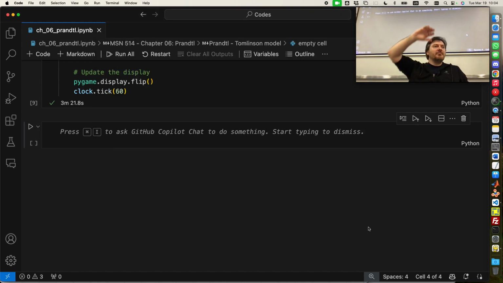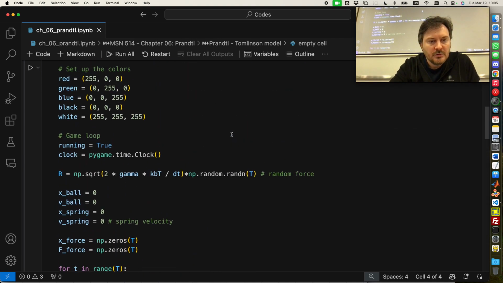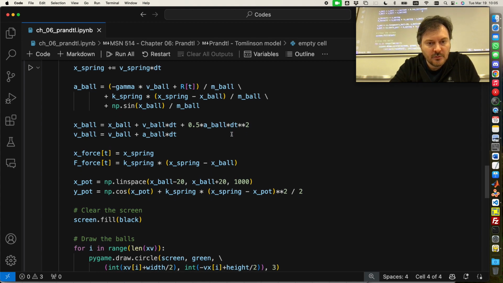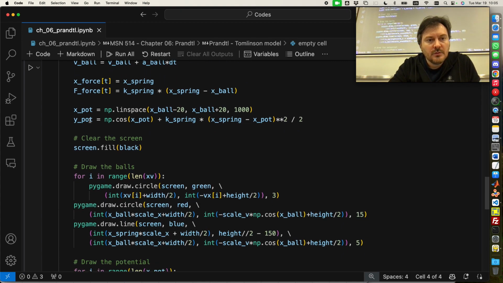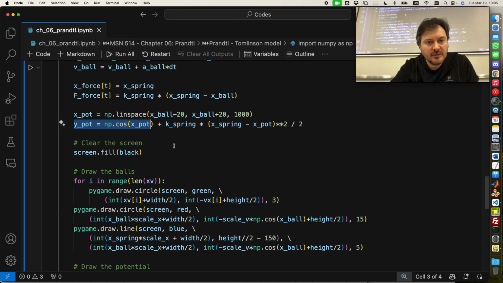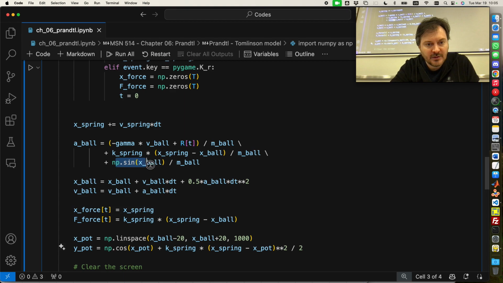Any questions? The code. Let me just show you the code. There's nothing really surprising in this code. So the potential is shown by cosine of x, and the negative derivative of cosine is sine. So that's why it appears as a force here as a sine.